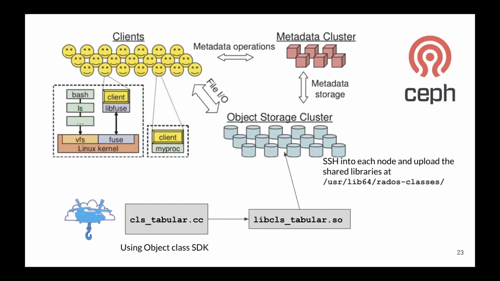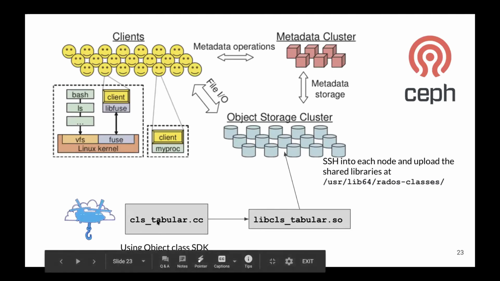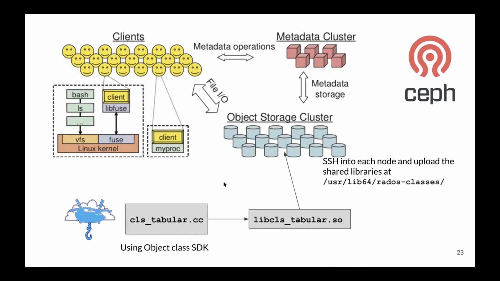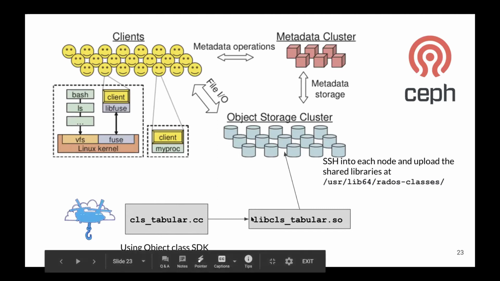Coming specifically to Skyhook, it has a tabular class, which is the C++ object class that uses the object class SDK that Ceph provides, and this code handles all the querying and projection of the data by querying the data from the objects.